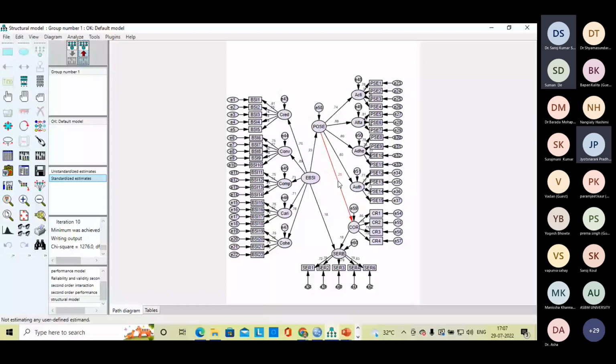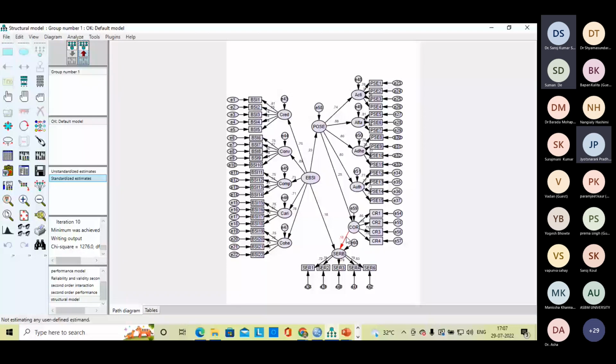Now look at this red highlighted arrow mark. What the structural model says is that sales employee performance has an impact of 25% on the corporate reputation, because the regression weight is 0.25. Now coming to another path of this path model, look at this red highlighted arrow mark.